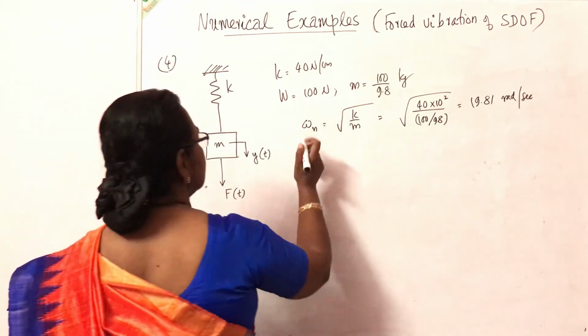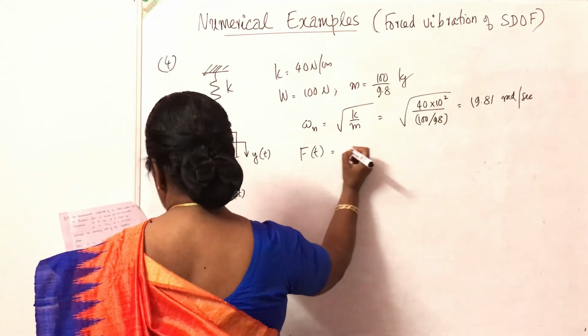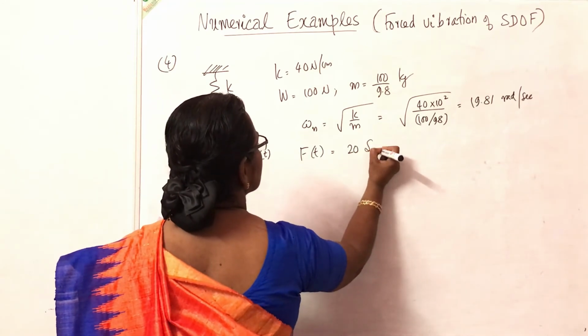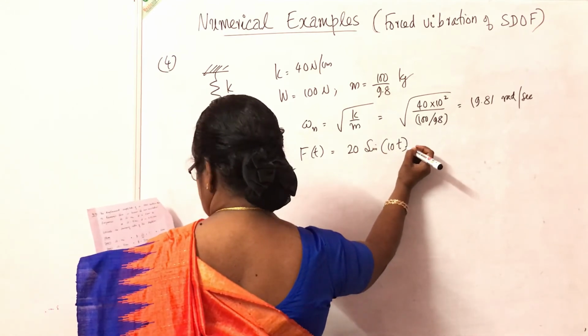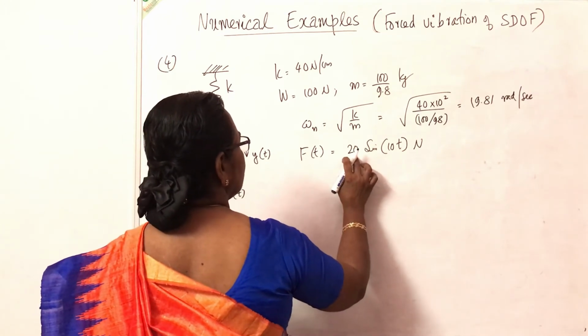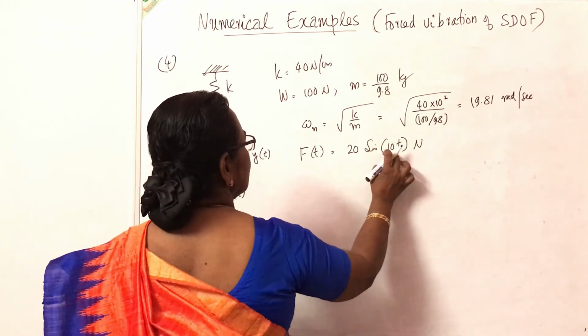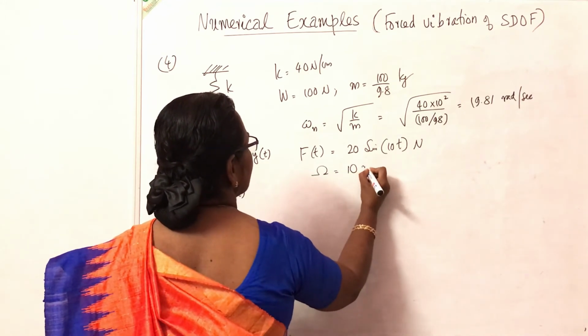Then the exciting force is 20 sine 10t Newton. So this is P0 or the initial force. The frequency of exciting source is 10 radian per second.